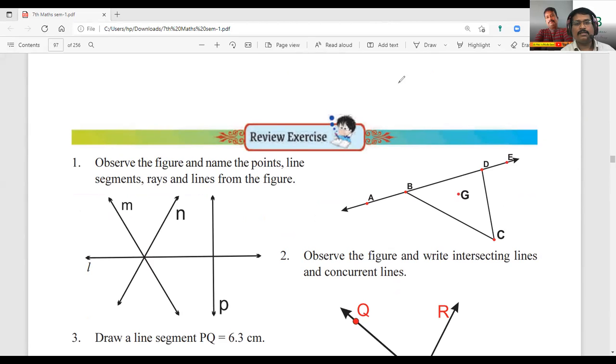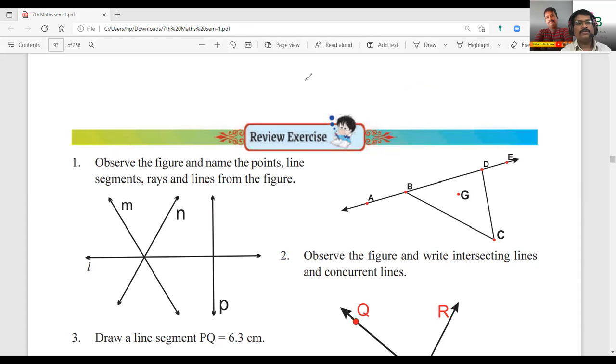When two points are put together, this is a line segment. A line segment has two endpoints. When it is endless at one side, then it is called a ray. When it is endless at both sides, then it is called a line.